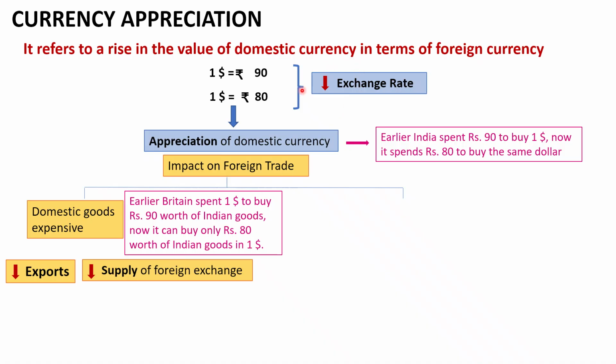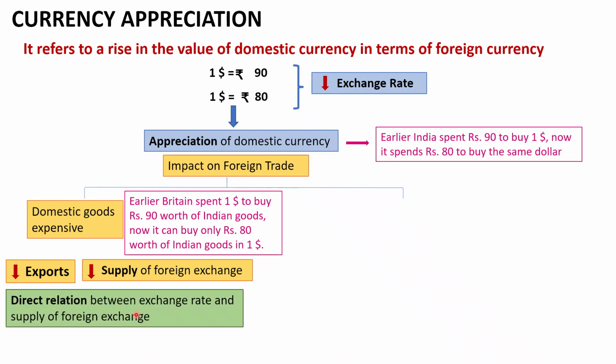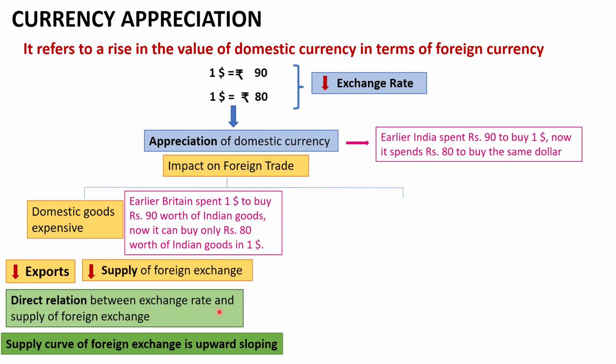So we see that when exchange rate decreases, supply of foreign exchange also decreases. So there is a direct relation between exchange rate and supply of foreign exchange, leading to an upward sloping supply curve of foreign exchange.